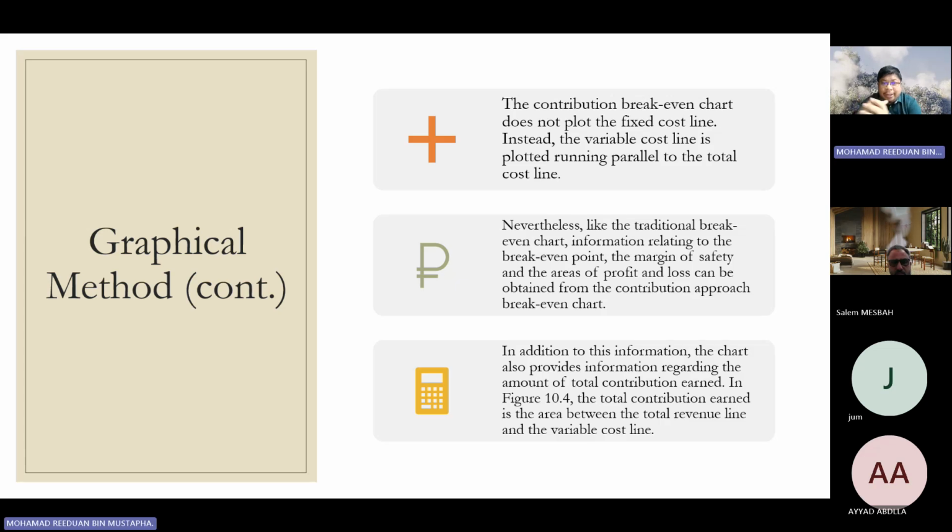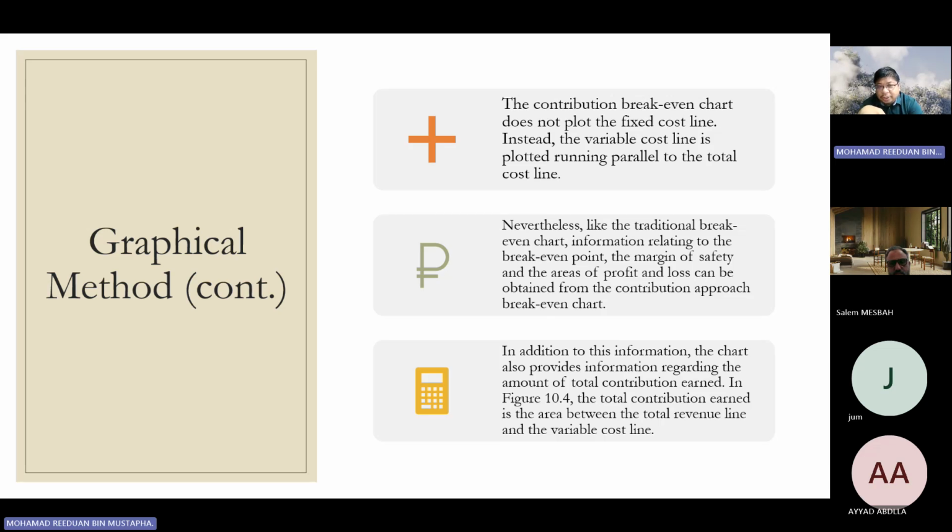Okay, so the contribution break-even chart does not plot the fixed cost line. Instead, the variable cost line is plotted running parallel to the total cost line. Nevertheless, the traditional break-even chart information relating to the break-even point, the margin of safety and the areas of profit and loss can be obtained from the contribution approach break-even chart.